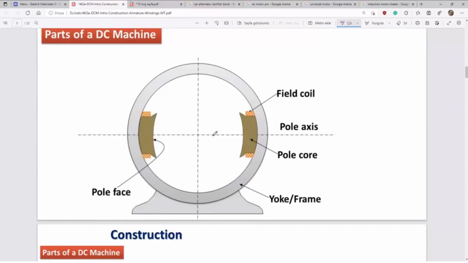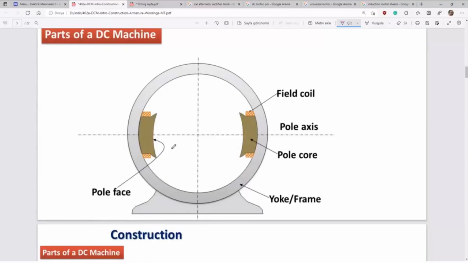But here in DC machine, we install armature coils in rotor part. In synchronous machine, the main magnetic field is generated in rotor part, but here it is just opposite. Main magnetic field is produced in stator part.